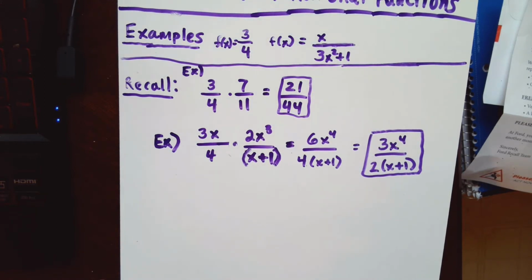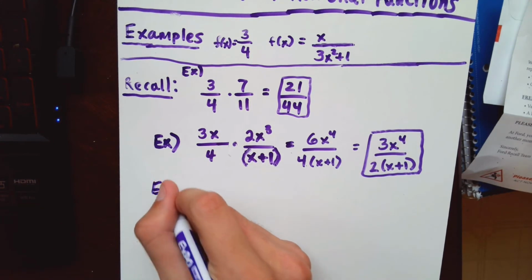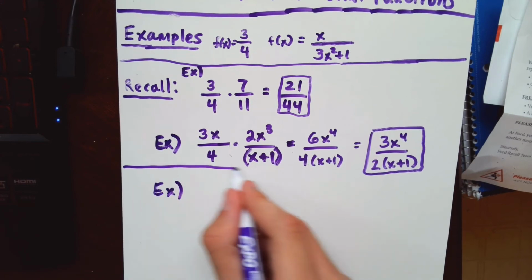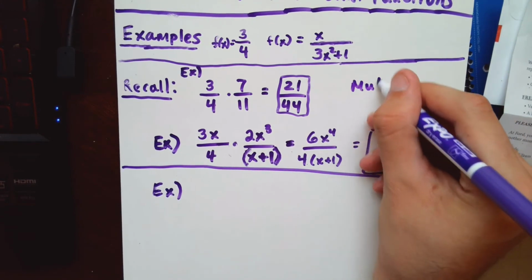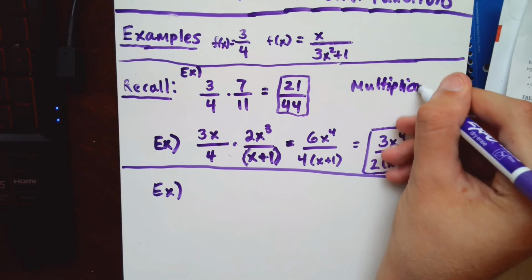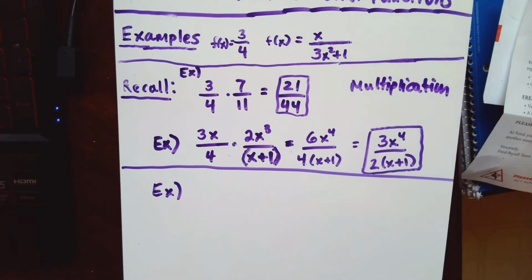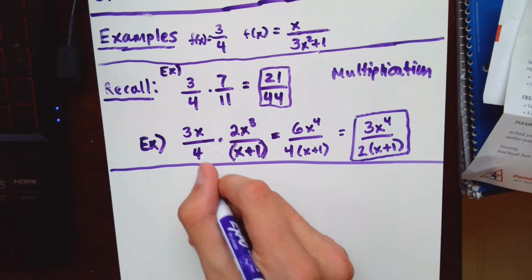So next we'll look at dividing. Thankfully, dividing rational functions or rational expressions is exactly the same as how we divide with fractions. Remember, with fractions, the upper part was multiplication, and for the lower part we're going to talk about division.